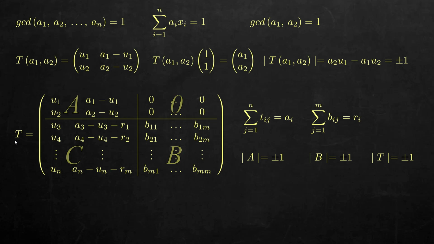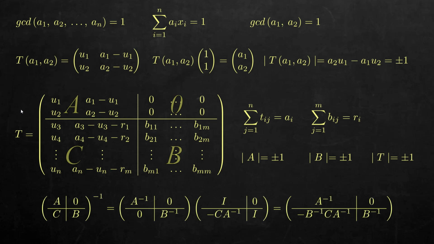The rows of the inverse of this matrix will be solution xi's to this Diophantine equation. But since this is a special kind of block matrix, its inverse can be calculated quite easily, as shown here. And if we choose B wisely, we can simplify the computation cost a lot.